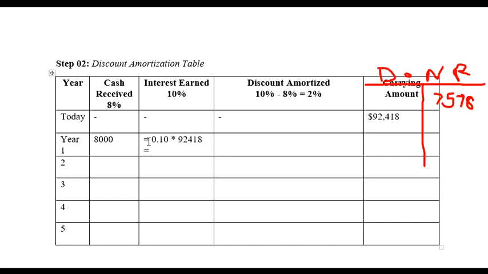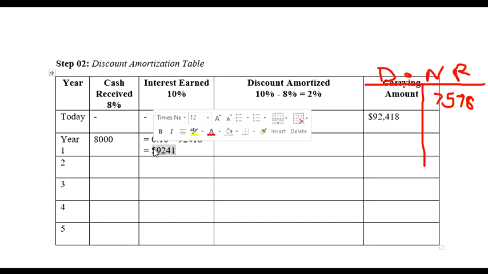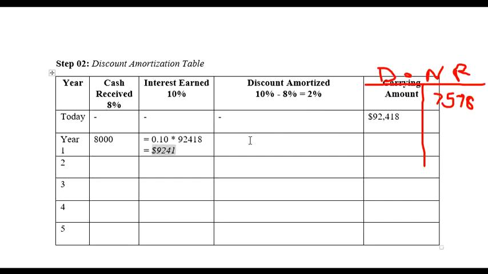So this will become $9,241. This is the amount of interest that I should have earned, or should have received, but I only received 8,000. How much less did I receive? 9,241 is what I should have received. What I received is 8,000. It means I have received around $1,241 less.